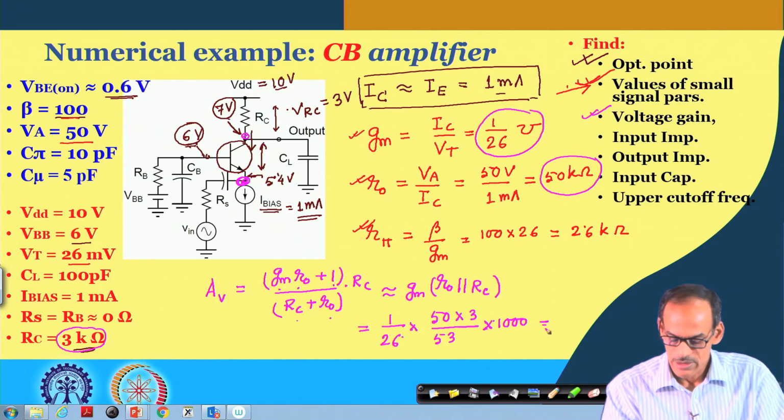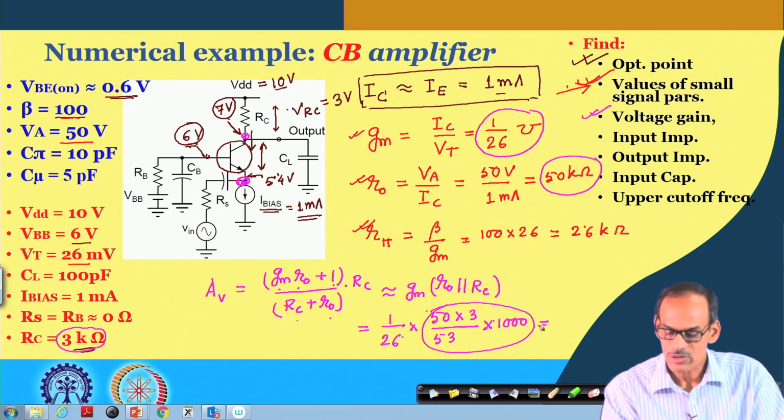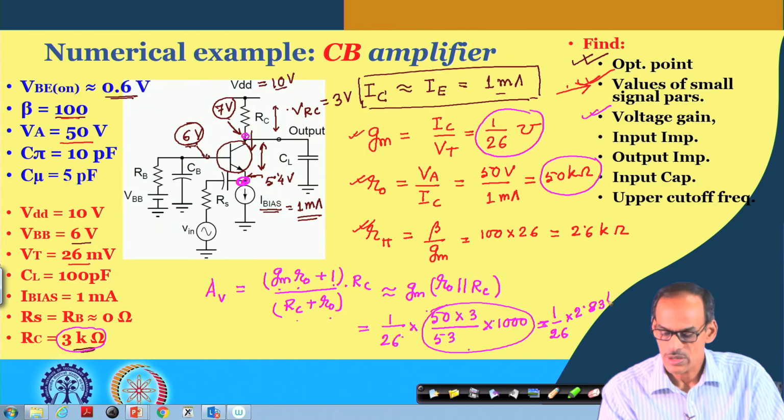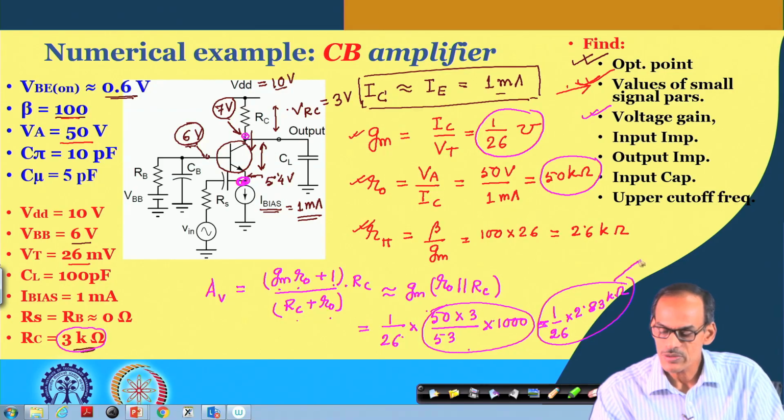So, this resistance, let me write that part also separately. G m is 1 by 26 and this part is 2.83 kilo ohms. In my previous calculation, I already have done this one. So, that gives us the gain, which is roughly 100, to be more precise, 108.85.